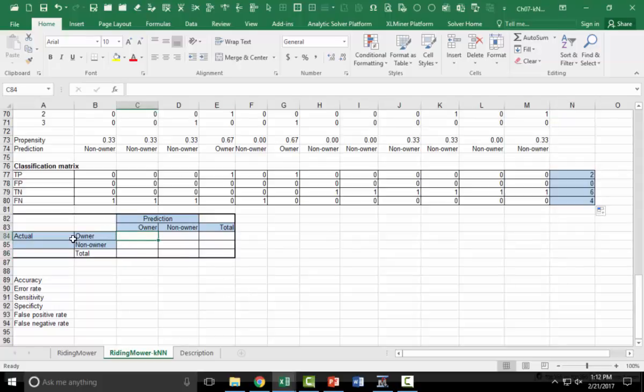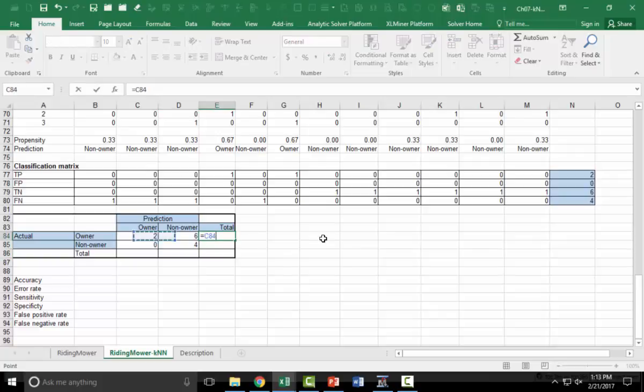So that's your true positive, false positive, true negative and false negative.